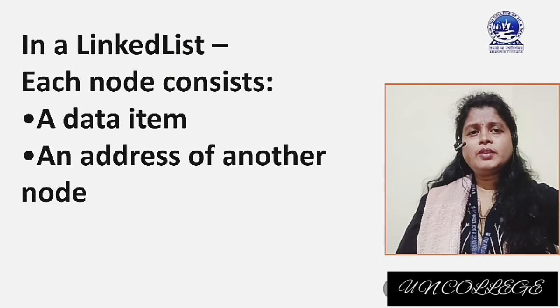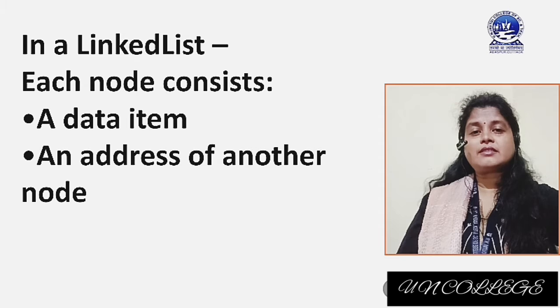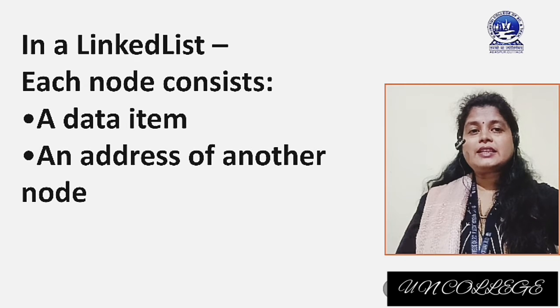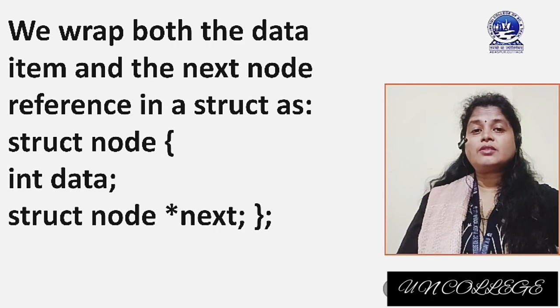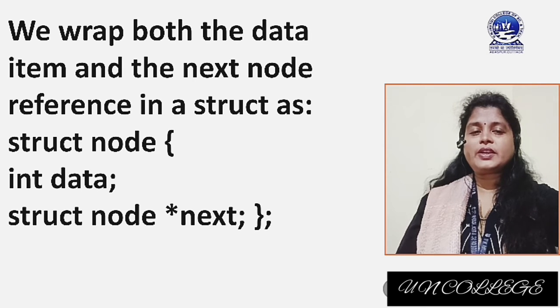Now we will discuss exactly what the structure of a node is. The linked list consists of a number of nodes and each node consists of a data item and an address of another node. If we wrap both the data item and the next node reference in a structure, then the structure of the node will be: struct node, int data, struct node pointer next.